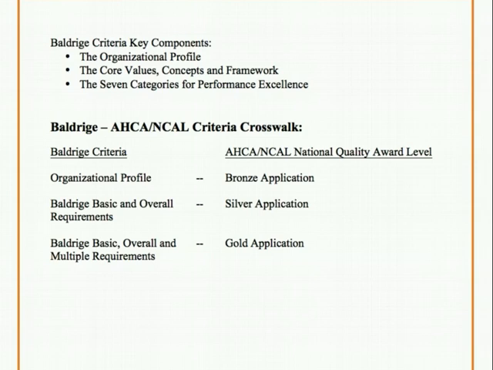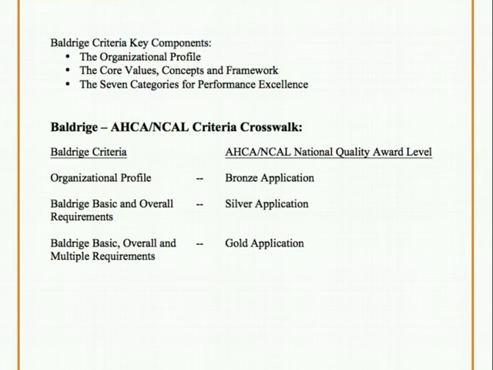Let's crosswalk this Baldrige criteria against the criteria used at the 3 levels of the AHCA NCAL Quality Award Program. The Baldrige criteria's organizational profile serves as the criteria for AHCA NCAL's bronze level of application.